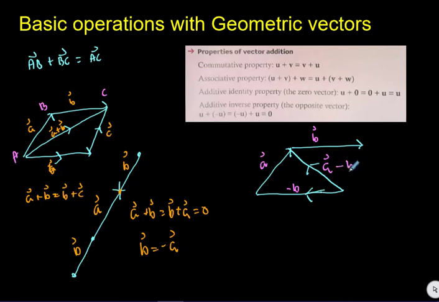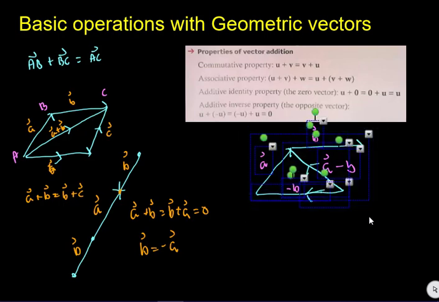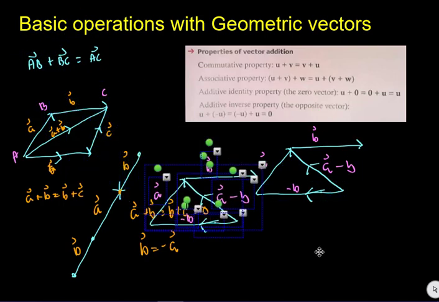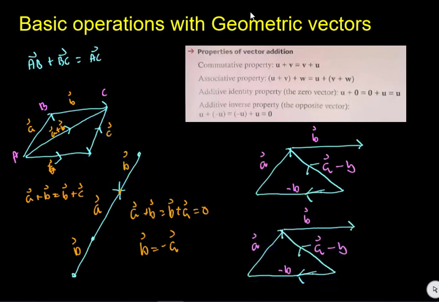minus B, right? Good. But if I look at these ones right here, am I going to be able to copy this? Right here, and let's erase this out. But if I did this the opposite direction, if I have A and B, but this time I move over this direction but go the opposite direction right here.